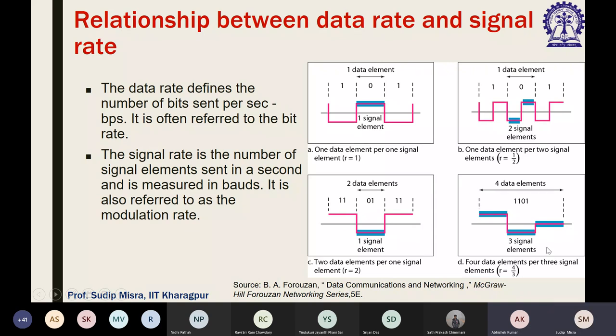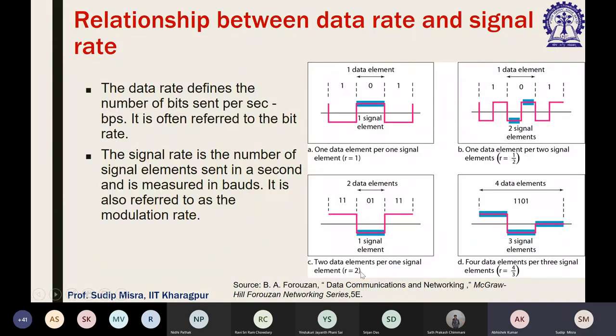There is an R factor which gives the ratio between the data element and the signal element. So over here, what is R? 1 by 1, equal to 1. In this case, one data element corresponds to two signal elements, so R equals 1 by 2.